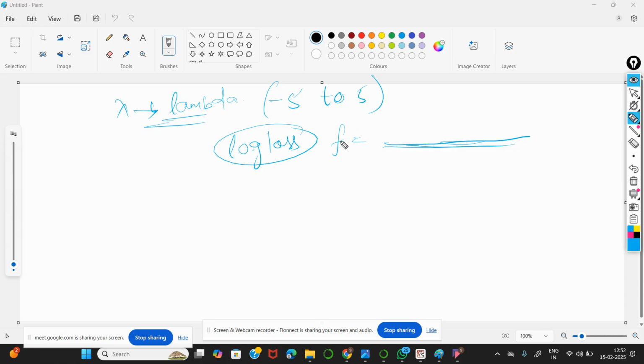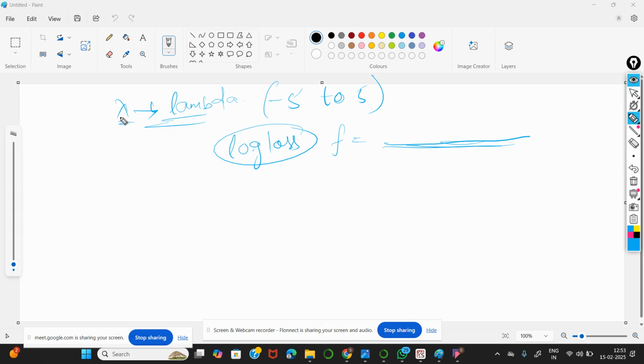Based on that particular function, it will keep on iterating to get the desired lambda value. The desired lambda value should be lying between -5 and +5, and those things your Python will do. You shouldn't be worrying.